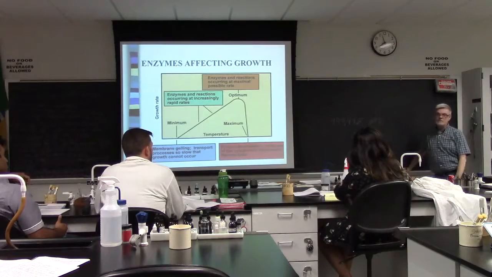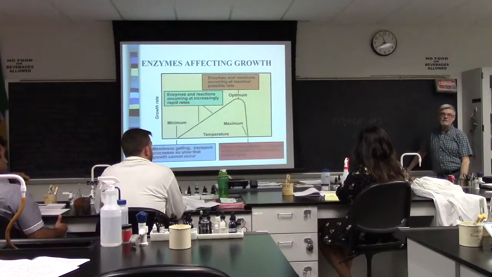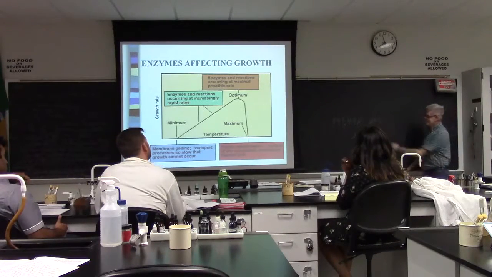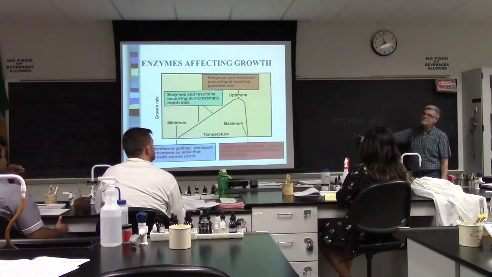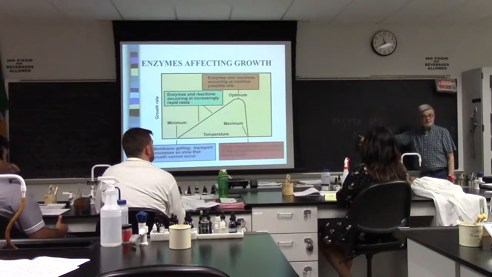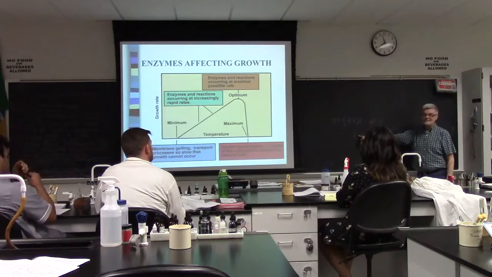What's the optimum temperature for the entire organism? 25. These are essential. So the definition is the optimum temperature is the maximum temperature of the weakest enzyme.